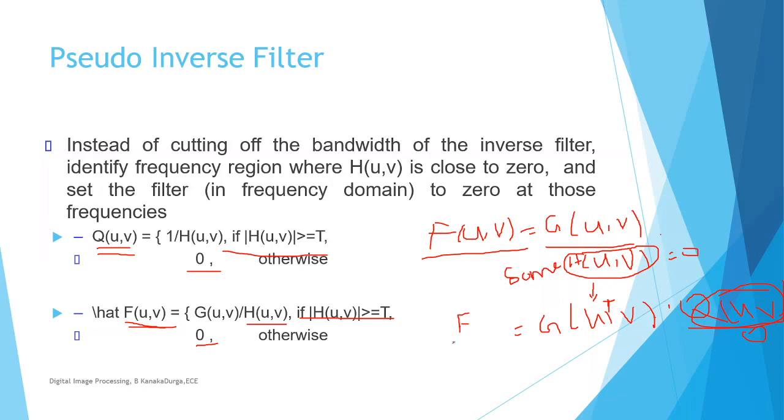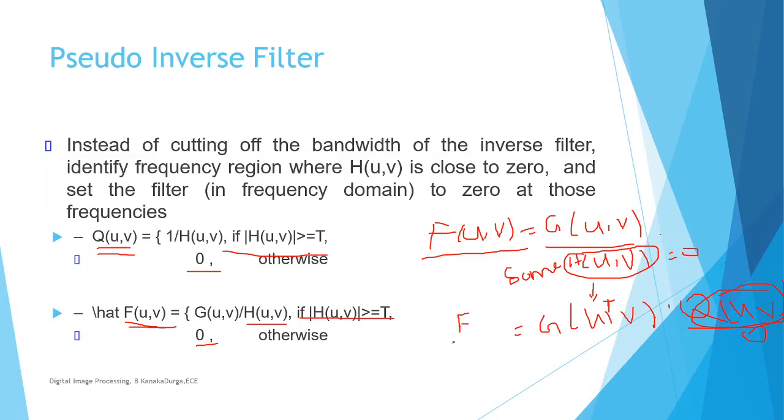So we have to remember, mainly with respect to inverse filtering, in the inverse filtering we are not considering any noise. That is the first case. Without considering any noise, we derived the equation F(u,v) equals G(u,v) divided by H(u,v). If the case arises where H(u,v) equals 0, at that time the total F(u,v) becomes a problem. In order to avoid that scenario, we go for pseudo inverse filtering.